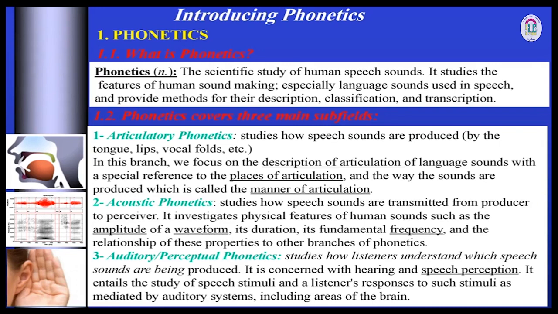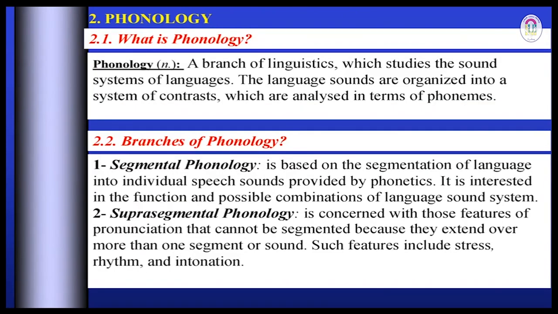Acoustic phonetics deals with the physical properties of speech sound as sound waves in the air, and auditory phonetics, or we call it perceptual, investigates the perception and the identification of speech sounds by the listener, i.e., how sounds are transmitted from the ear to the brain and how the brain interprets the information coming from the ear. I said earlier that pronunciation consists of two fields, phonetics and phonology, and I have also given a concise definition of what phonetics is. Coming next is phonology.